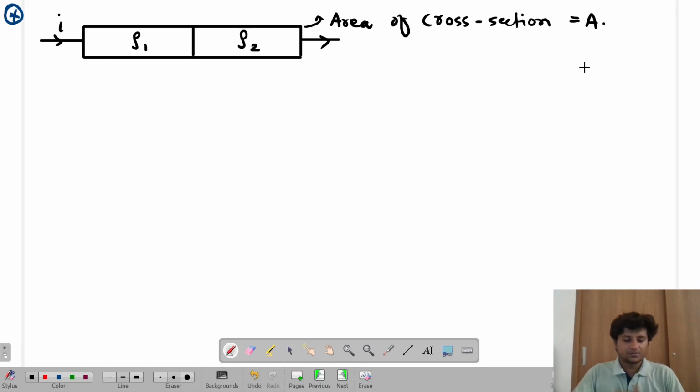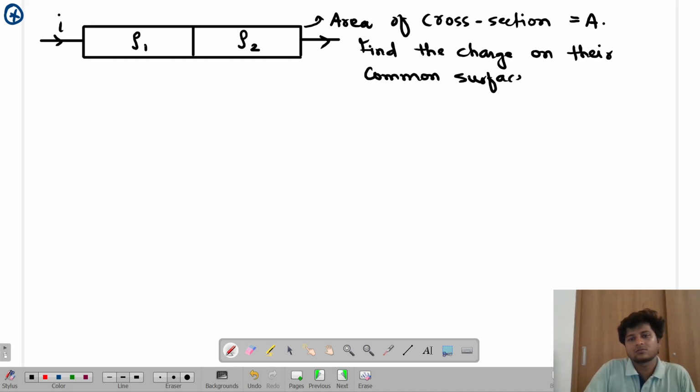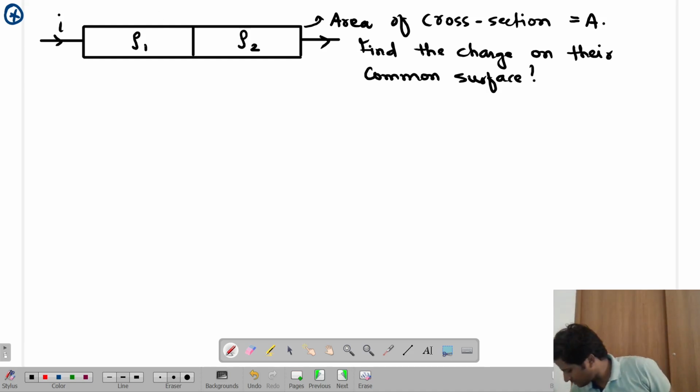The question is very, very simple. Find the charge on their common surface. Basically, their common surface is this now. The question is to find the charge on that common surface.